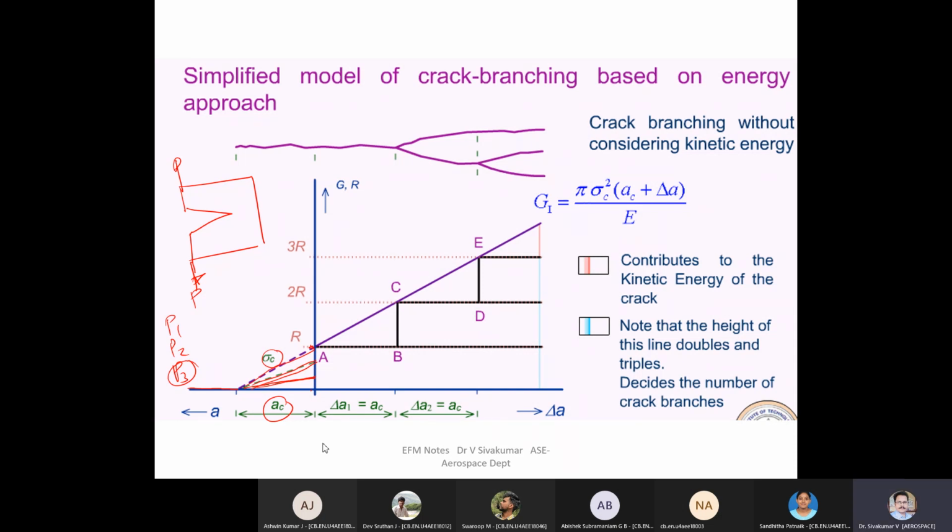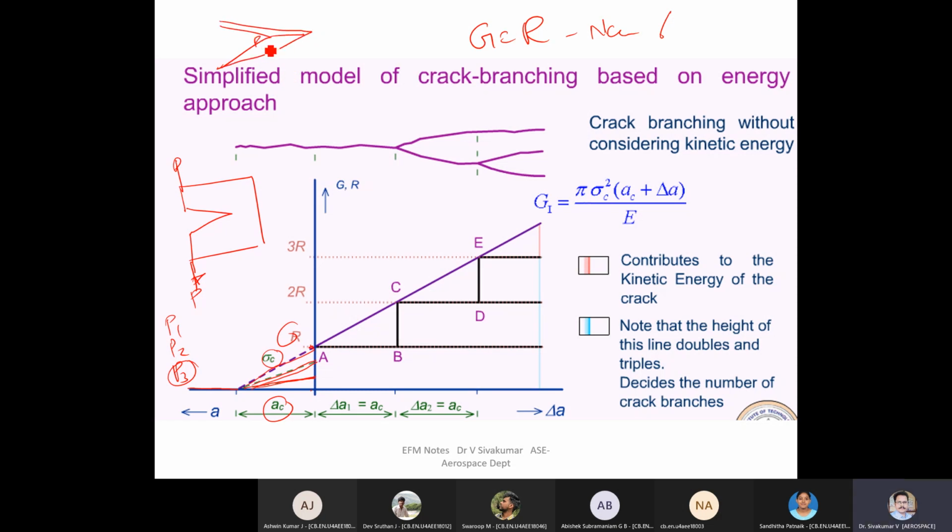A particular P I am applying meets the R. That means that force is really heavy, so definitely it touches the R. So G equal to R. This is the necessary condition and sufficient condition because it is a brittle material. So the crack will form.